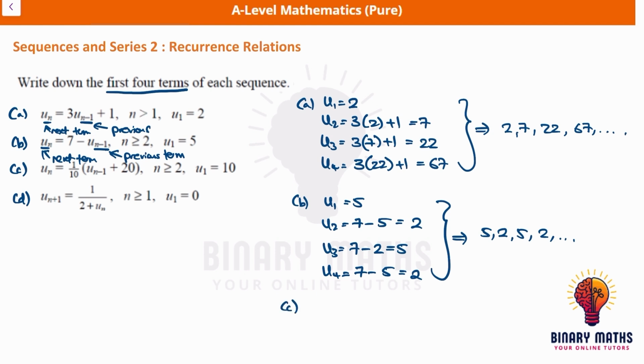Okay, now C. To get the next term, you're doing the previous term, add 20, divide by 10, where u1 is equal to 10.